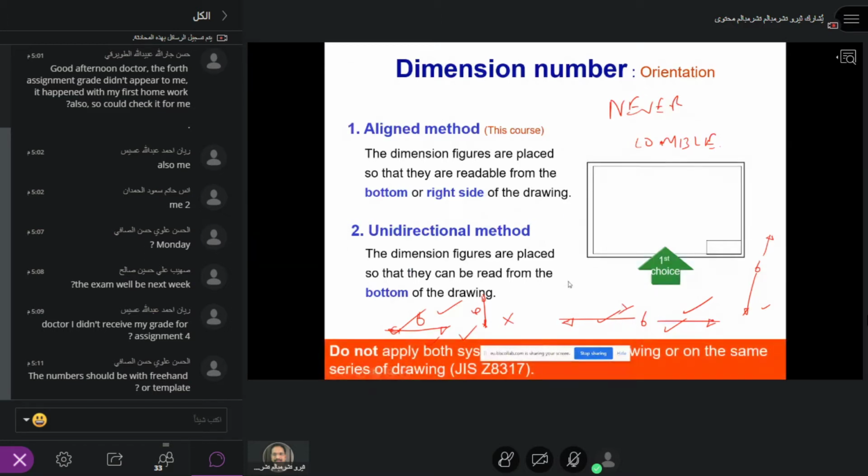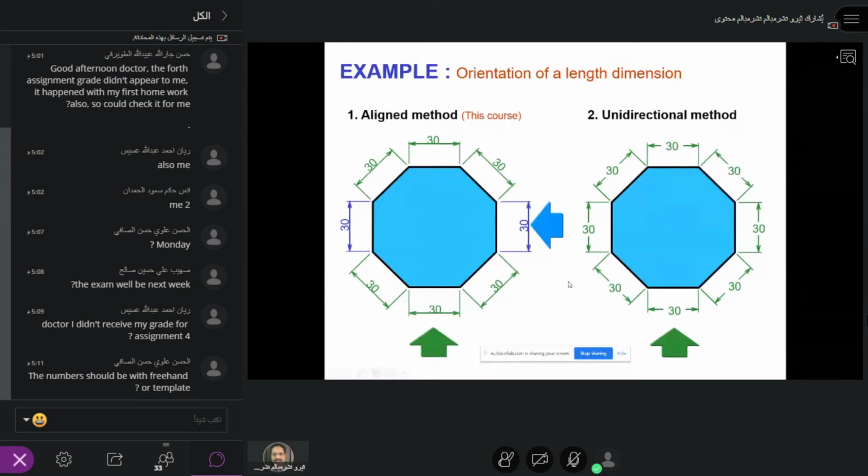Now you see, this is the aligned method. All straight. This is the alignment method, just above the dimension line, and it is always above the dimension line. Of course, you put some gap. And see the unidirectional method. It's always horizontal, irrespective of the angle.